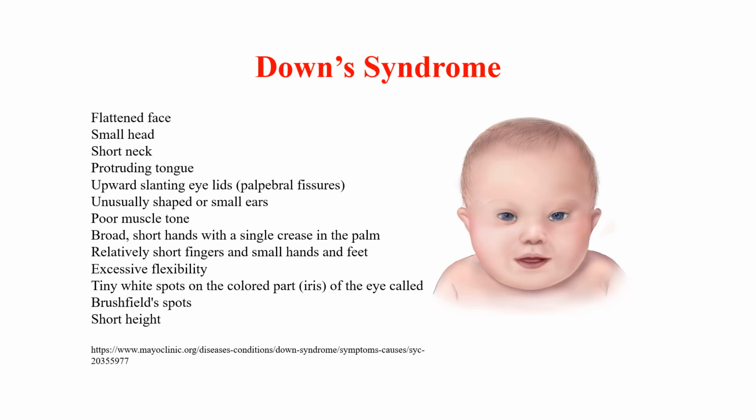So, probably the most common syndrome that people recognize is Down's syndrome. And almost anybody can diagnose the Down syndrome child or person. You go in the mall, you say that's a Down's patient, right? Because every single Down's child has the same set of signs and symptoms. They have the flattened face, short neck, protruding tongue.